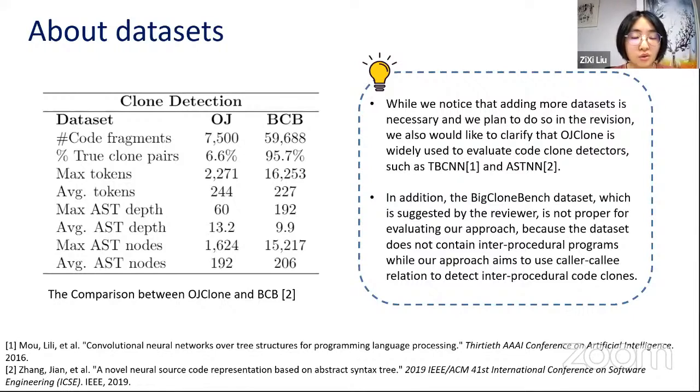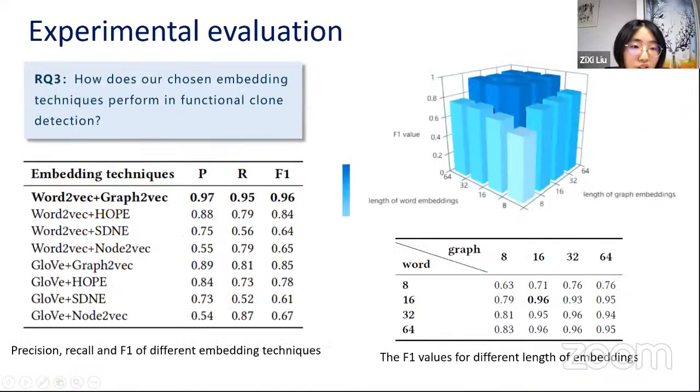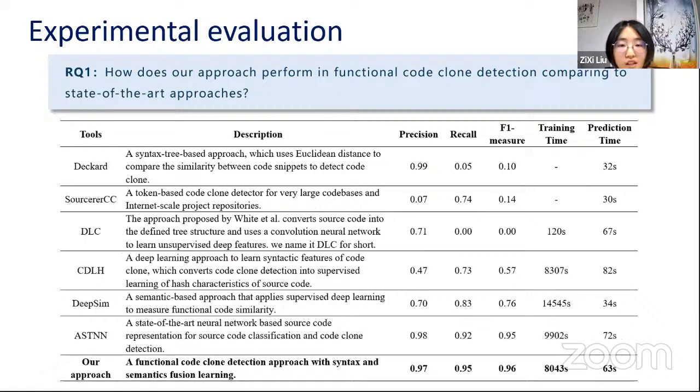So different students solving the same task, and the source codes between them are functional code clones. We assume that they are functional code clones. And as for RQ1, we compare them on the same data sets, the OJ clone data sets. So this is my answer.